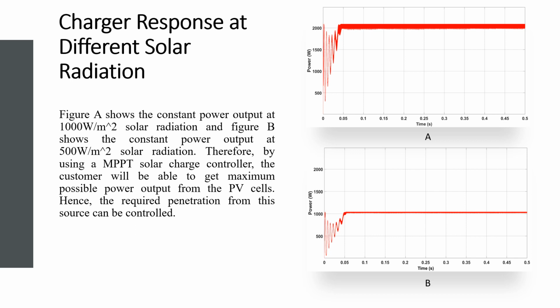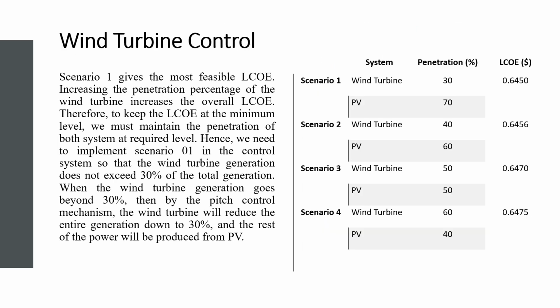There is a small deviation at the beginning, but after that it constantly maintains 1000 watt output power. So we can use this MPPT charge controller, and if there is any variation of the voltage or the temperature or the solar irradiation, the PV cell will maintain constant power output at every second.